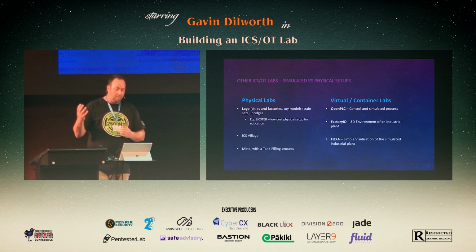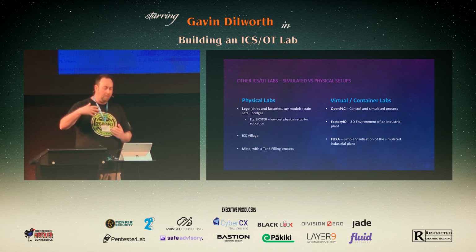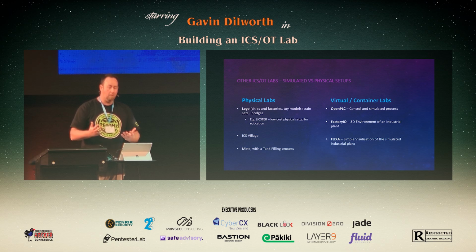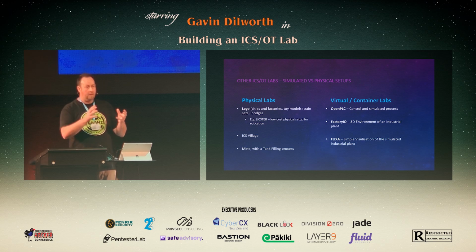Other simulator options, if you're going for software: most people go for a virtualized or container version, the most popular being OpenPLC. You can download this through Docker or on a virtual machine, and then you can write ladder logic to get your process. There's also Factory IO, which is a 3D rendering playground, if you will.